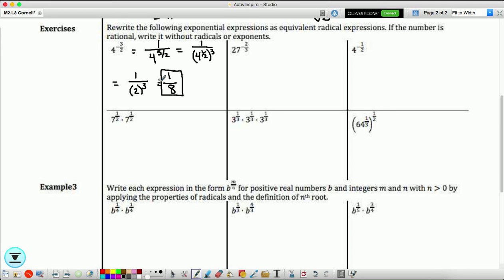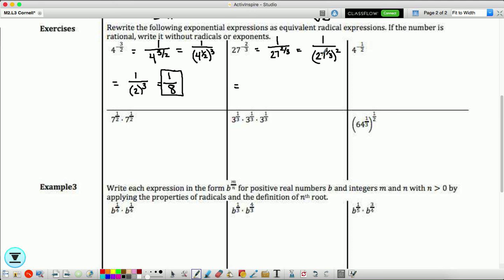So that's the idea behind these, and you'll get a few problems like this to work on your own. This one, same process, except it's negative 2/3 instead of negative 3/2, but let's do a similar thing. So I'm going to put the reciprocal, 27 to the 2/3. This one I'm going to rewrite as 1 over 27 to the 1/3 power, squared.